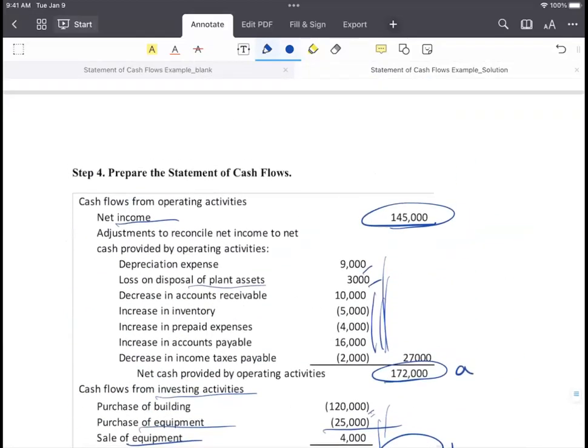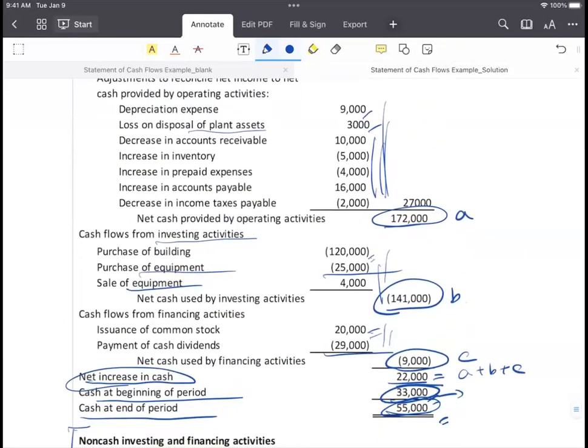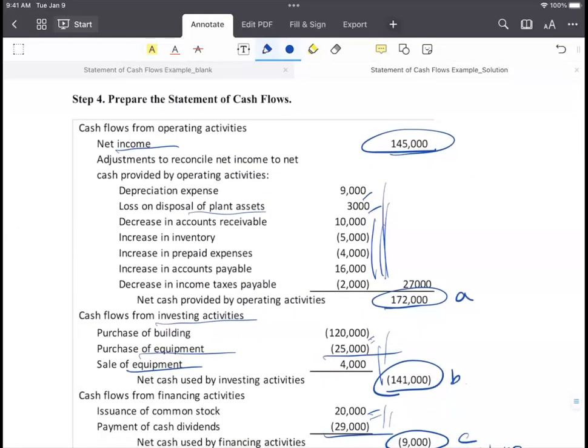So this is how to make a statement of cash flows. I would strongly encourage you to use the blank file, hide all of the answers, and try to go through this example on your own. If you have any questions, feel free to send me an email.